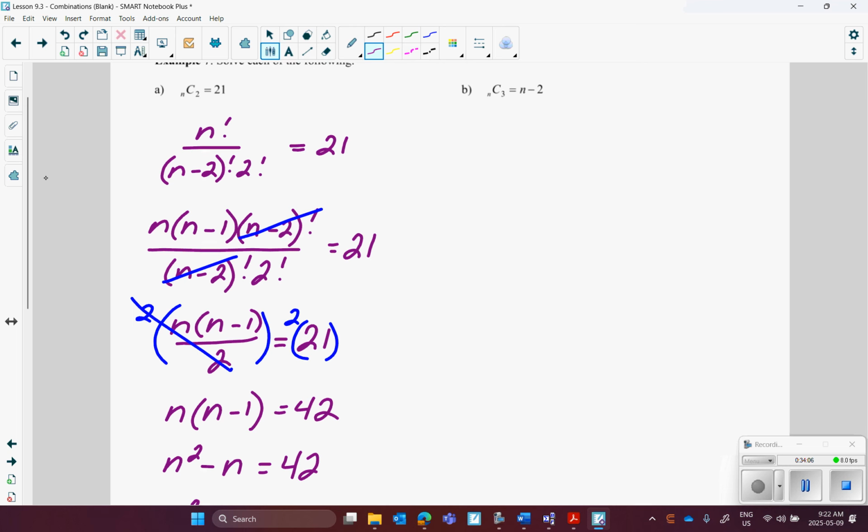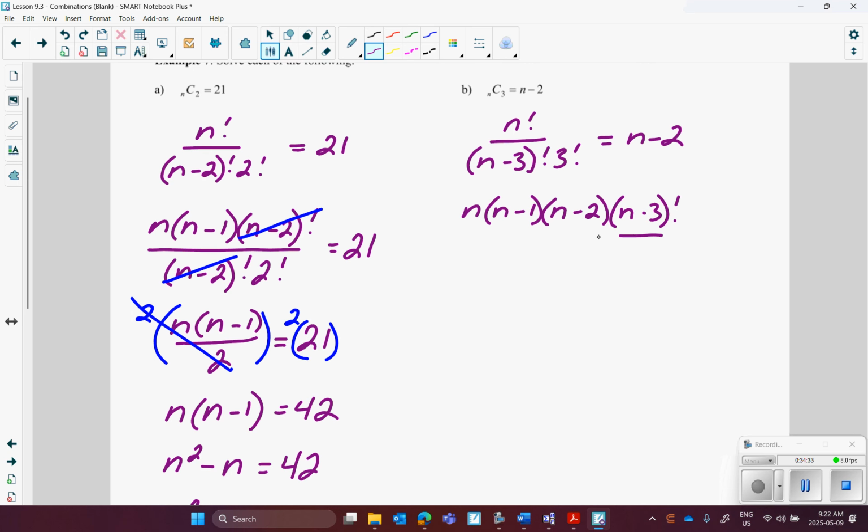Well, let's write this out using the formula. n factorial over n minus 3 factorial times 3 factorial is equal to n minus 2. Let's get rid of the factorials. So start writing the top one, moving down by 1 until it matches the factorial in the denominator. So I have to go all the way down to n minus 3 factorial. And 3 factorial is just plain old 6. Might as well get rid of that.